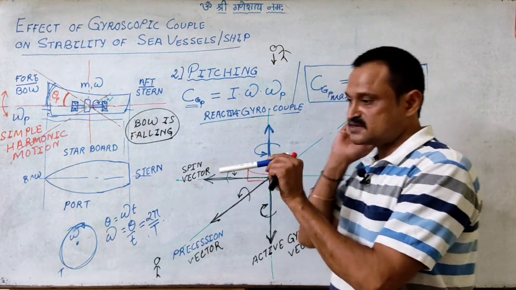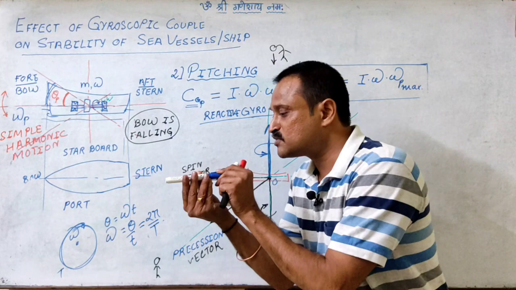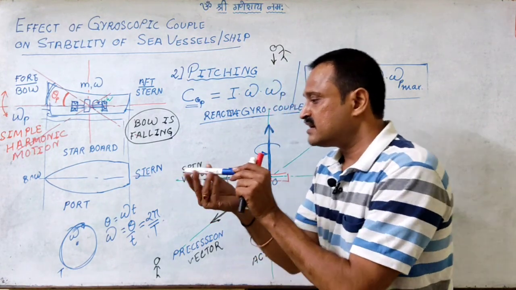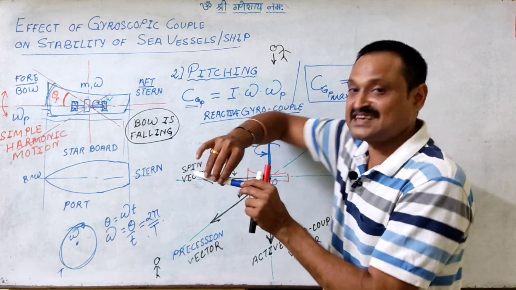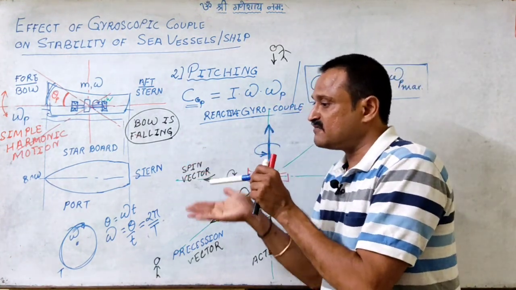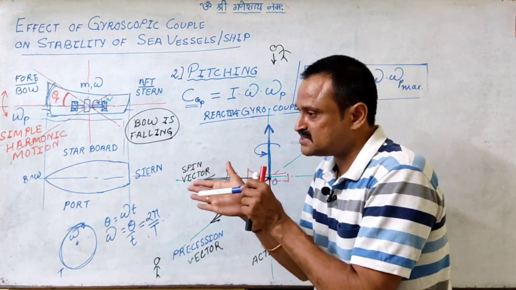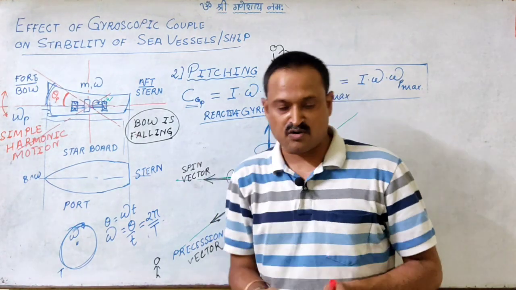That means what is happening is, when the bow is falling down, the spin shaft has a tendency to turn to the right, in the clockwise sense. But the bearings or the ship will react to it. That means the ship will try to turn in the counterclockwise sense.